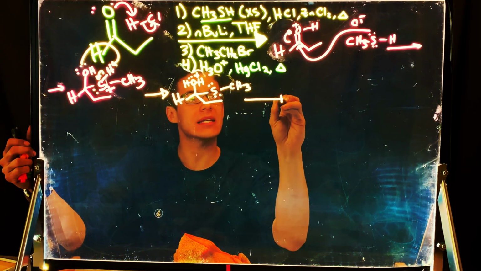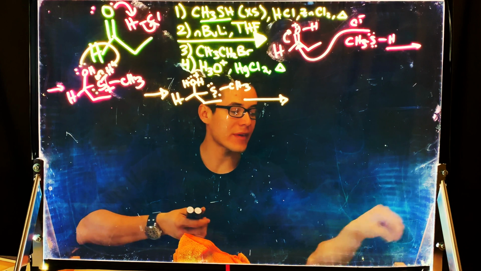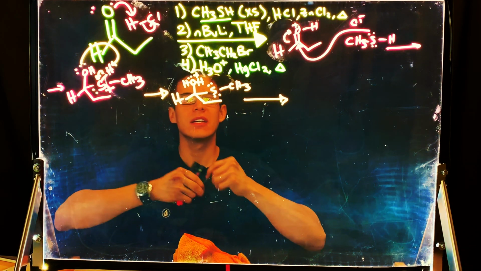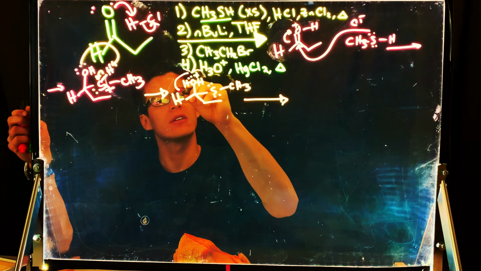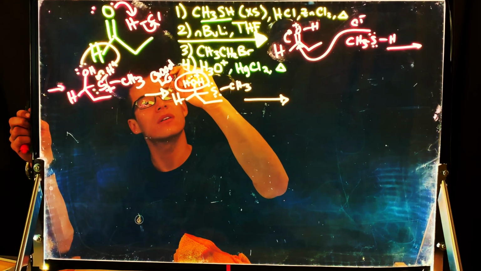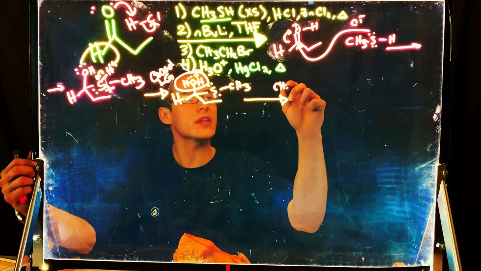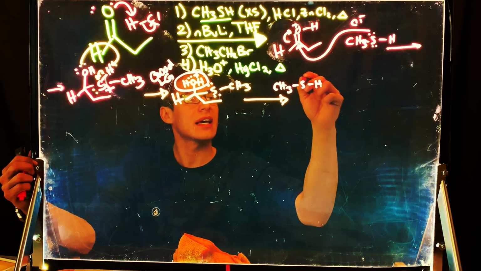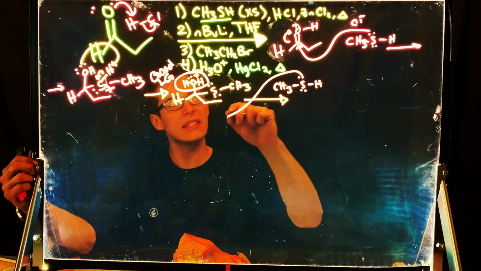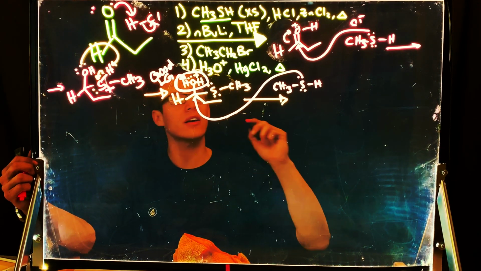Great. So since we are in excess of CH3SH, I'm predicting that now that we have a good leaving group, we have that water group here. This is our good leaving group. I can take some more CH3SH and I can react it right at this carbon and kick this good leaving group out of there.